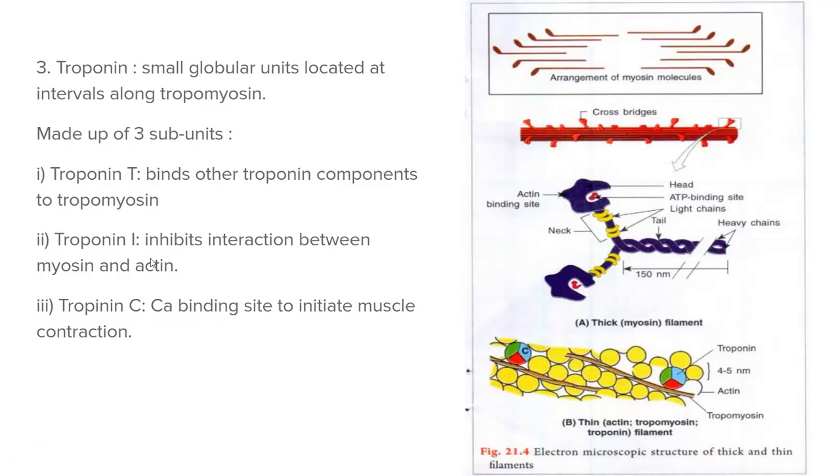Troponin I keeps the tropomyosin in place and blocks the attachment site between actin and myosin. So troponin C takes in calcium and moves the tropomyosin away, so the active contact part can be exposed so that it can connect.